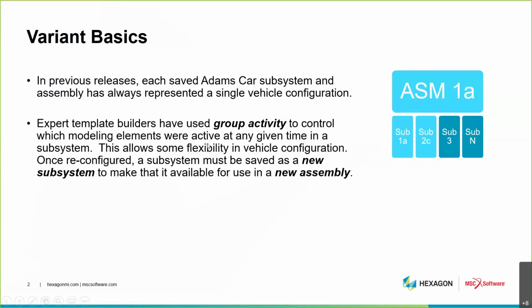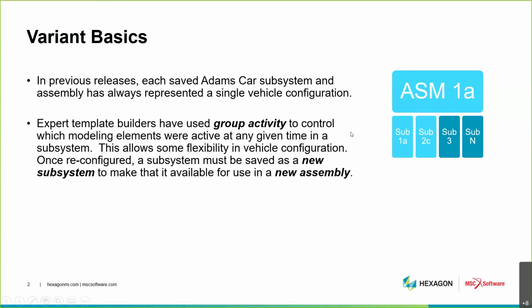Now we've always had the capability for expert template builders to use the concept of what we call group activity to control which modeling elements are active at any given time in a subsystem. And as a result, you can do some reconfiguration of subsystems using group activity and get some flexibility in vehicle configuration.